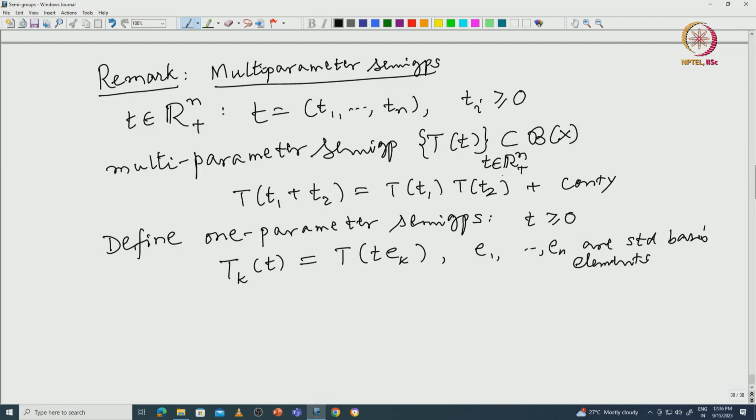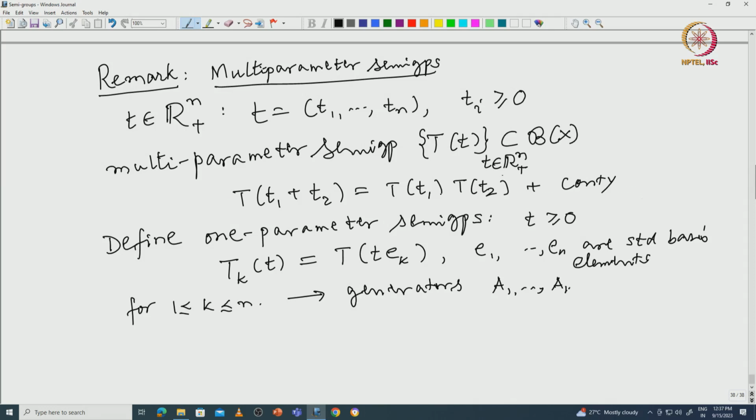So we get, for 1 ≤ k ≤ n, n one parameter semigroups, and corresponding to each k we have generators A1, A2, ..., An.